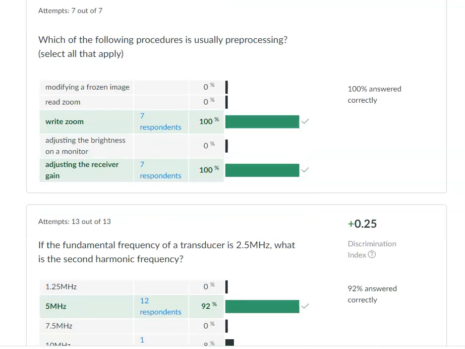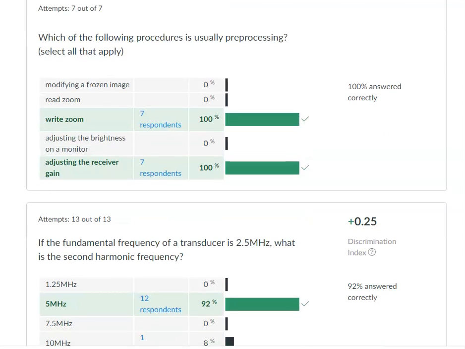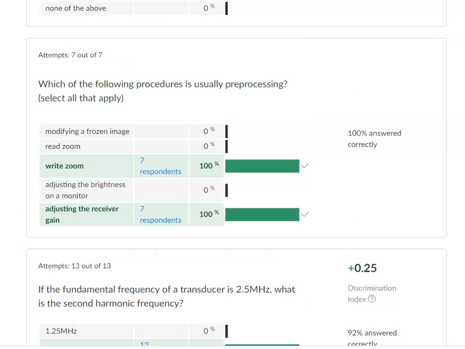Next question, which of the following procedures is usually pre-processing? And this is what's known as write zoom. You can't do a write zoom because you have to continuously be scanning when you're doing a write zoom. And so that is the correct answer.